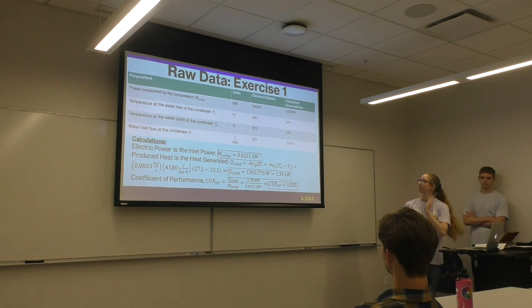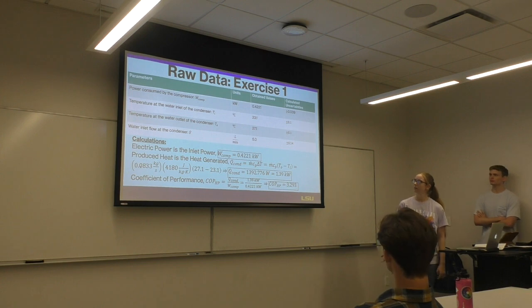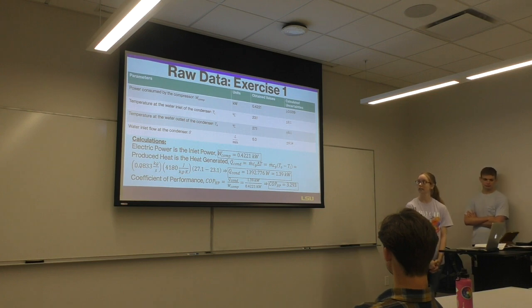So from the lab, this is the raw data from exercise 1 and the uncertainty values that I calculated. And these are the calculations. So we got the work, the power consumed by the compressor, the temperature at the inlet condenser and the outlet of the condenser. And we also got the water inlet flow at the condenser.